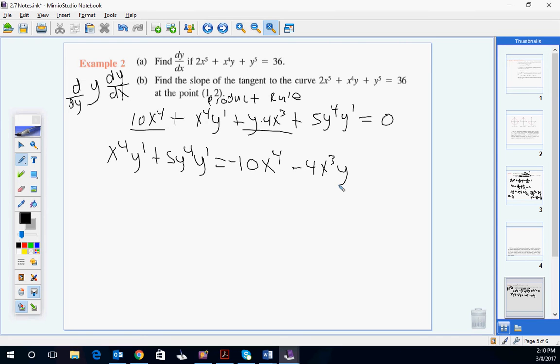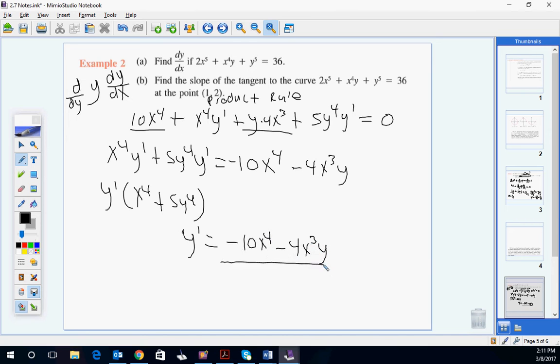Pull the y prime out here. And this is what we're dividing over. That's your derivative using implicit differentiation.